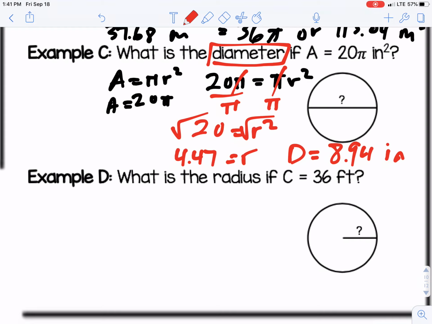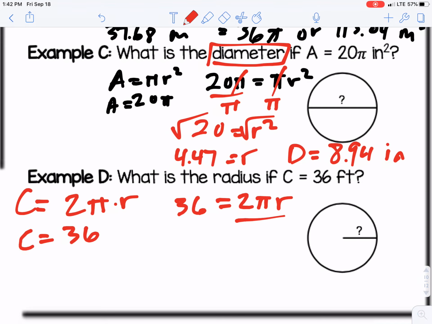Now this one's a little bit different because both sides had pi in the last case, but since we have all multiplying, we can just divide both sides by 2 pi. All right, so 36 divided by 2, and then 18 divided by 3.14 is going to give you the radius is approximately 5.73, and we're in feet.